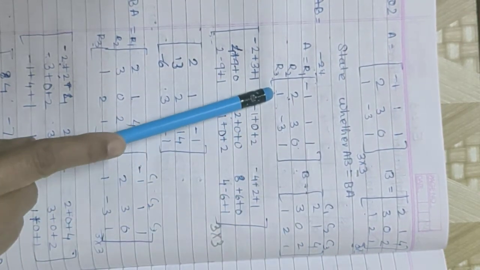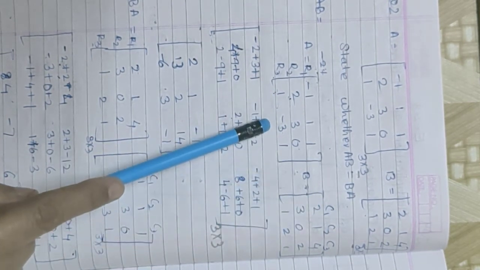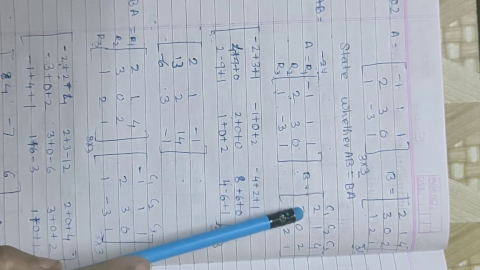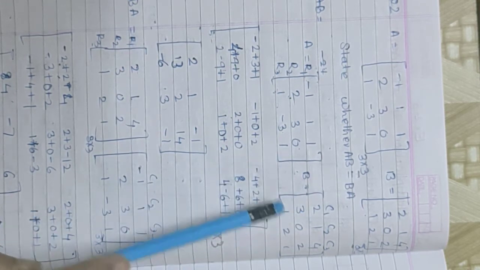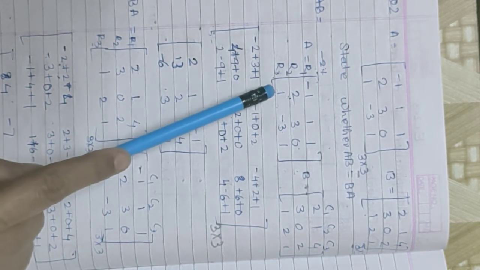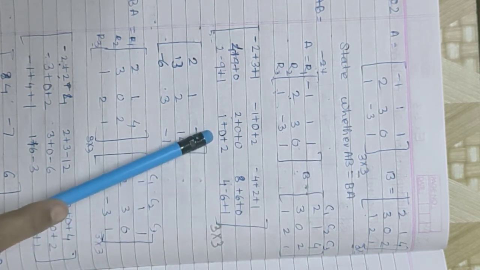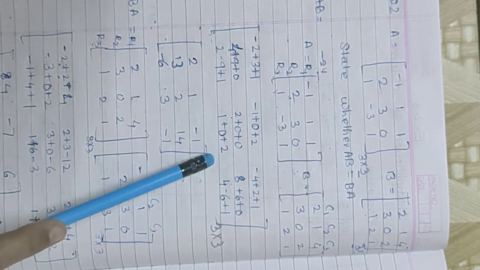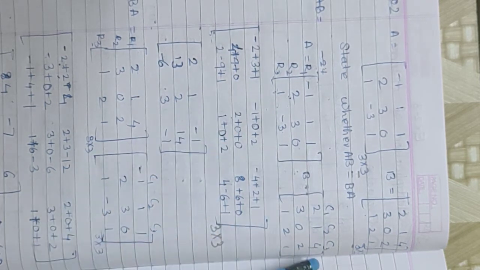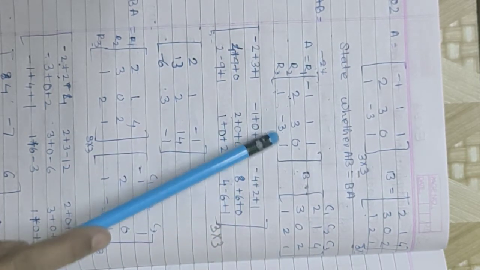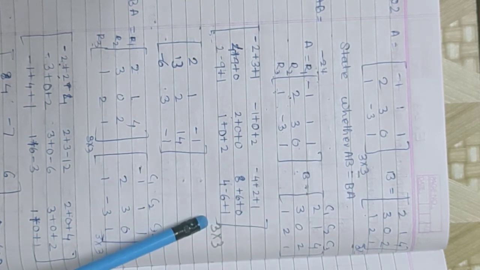Now we will take third row. 1 into 2, 2; minus 3 into 3, minus 9; 1 into 1, 1; 1 into 1, 1; minus 3 into 0, 0; 1 into 2, 2. Now R3 with C3: 1 into 4, 4; minus 3 into 2, minus 6; 1 into 1, 1.